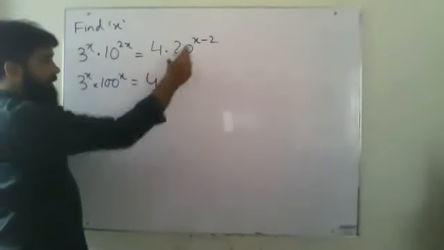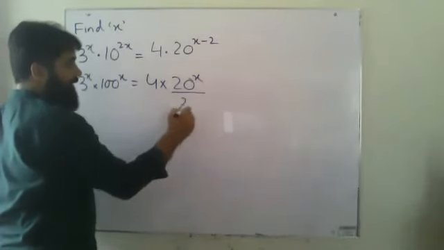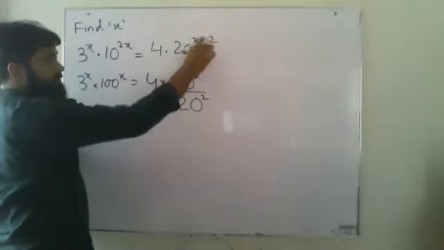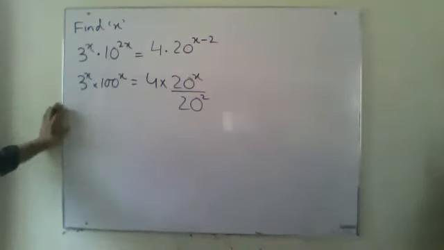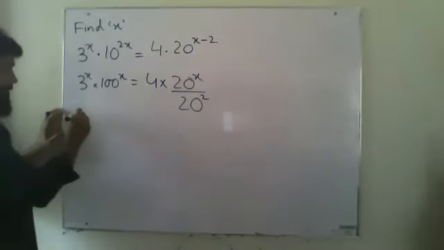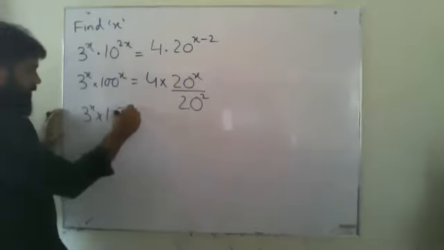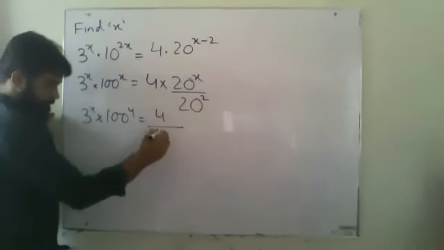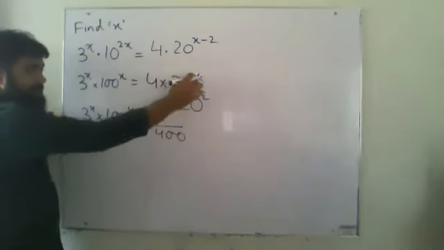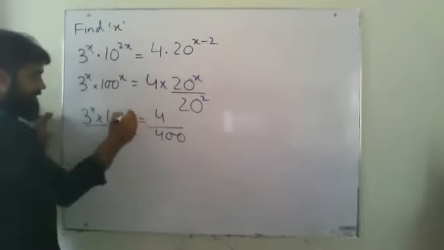4 multiplied by this thing, 20^x over 20 squared. These two are in subtraction form, so I have written it in this way. After this, 3 to the power x into 100 to the power x equals 4 over 400, and this is 20^x being multiplied. I will shift it over here.